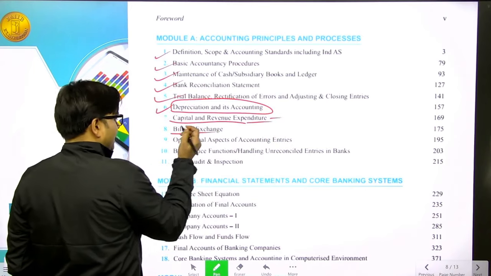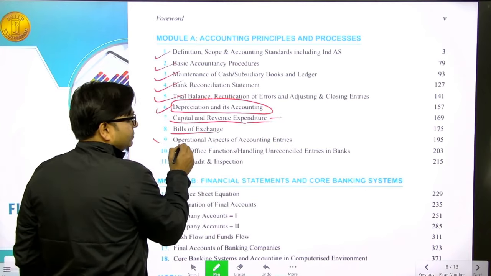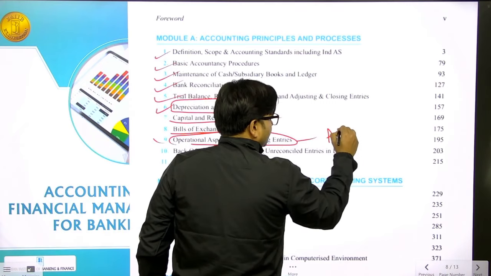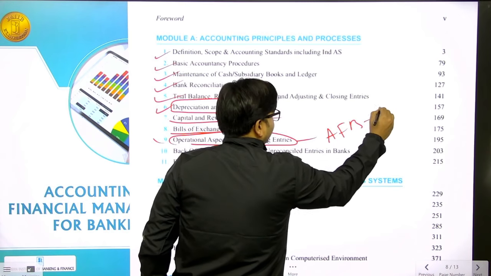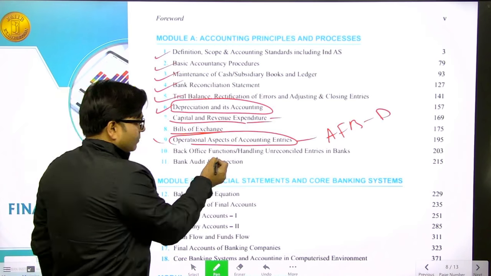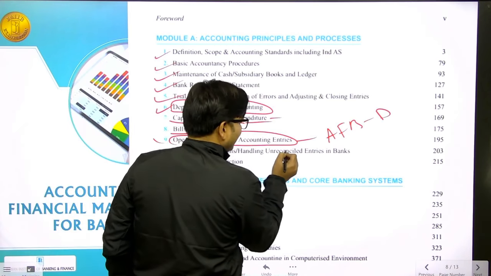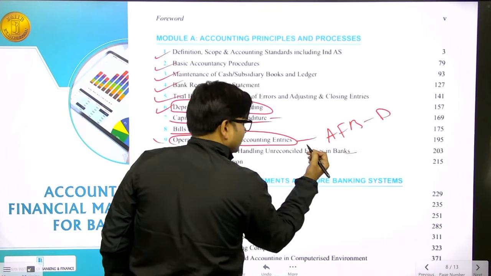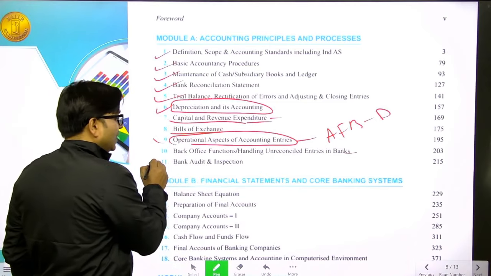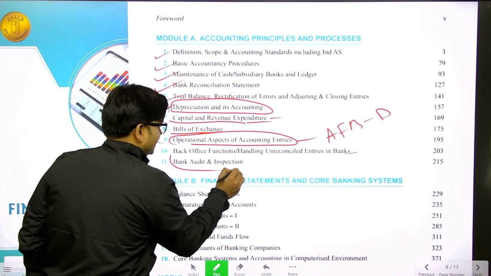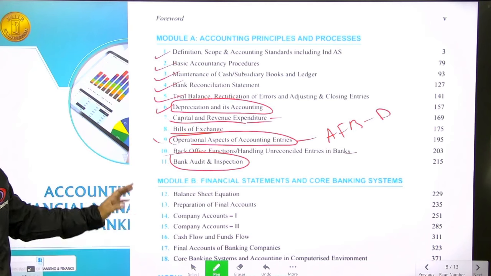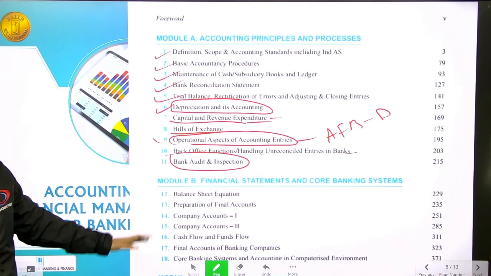Bills of exchange was there, operational aspect of accounting entries, these were topics from old book AFB module D. Back office function, handling unreconciled entries in bank, was also in module D of AFB in old book. Bank audit and inspection is one of the new topics that has been added in module A of accounting and finance and management for bankers.